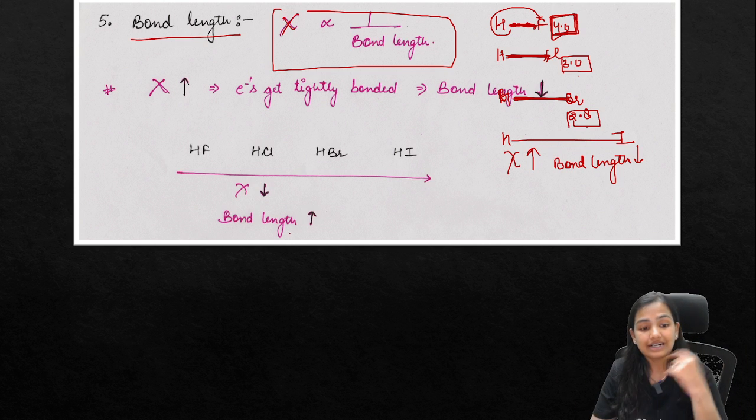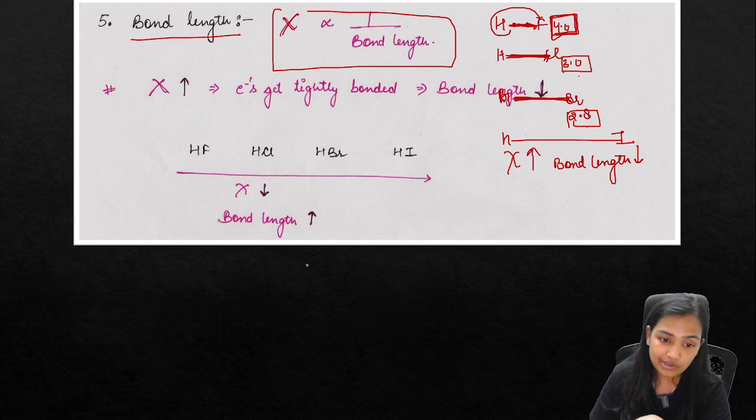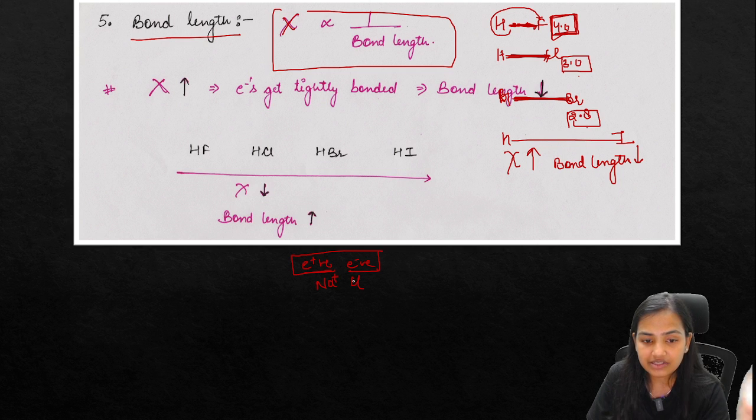So ultimately we can conclude that electronegativity helps us in determining the nomenclature. Electropositive will come on the left, electronegative will come on the right. Just like you can take an example of NaCl, Na is positive being on the left and chlorine is on the right.